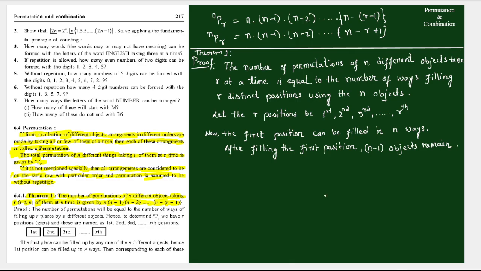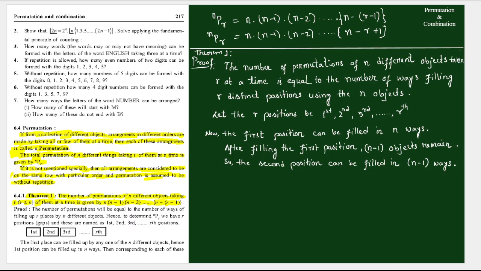So the second position can be filled in how many ways? There remain n minus 1 objects, so n minus 1 ways. From 5 objects, 1 has been used, so 4 remain, so 4 ways. Clear?